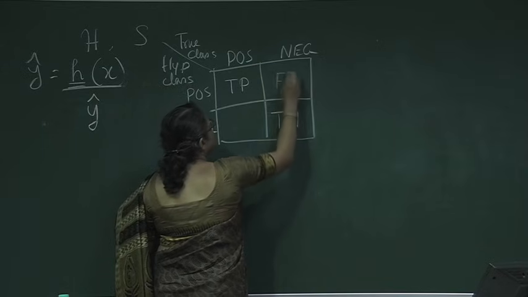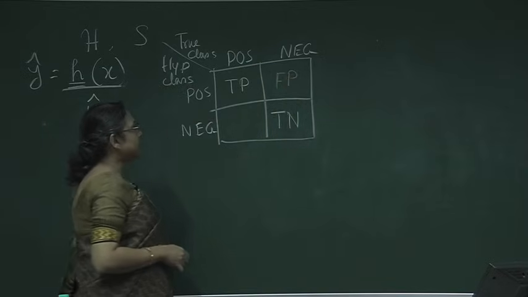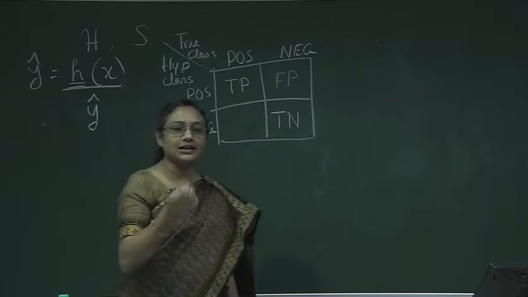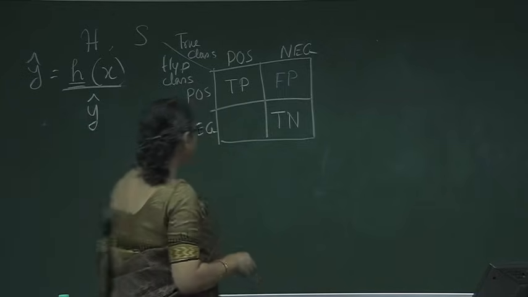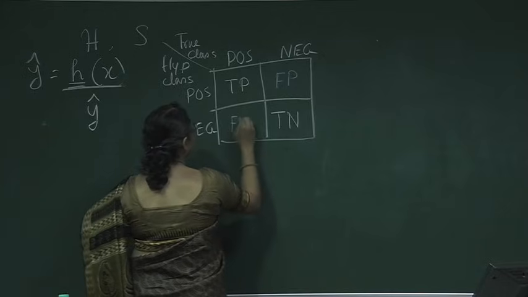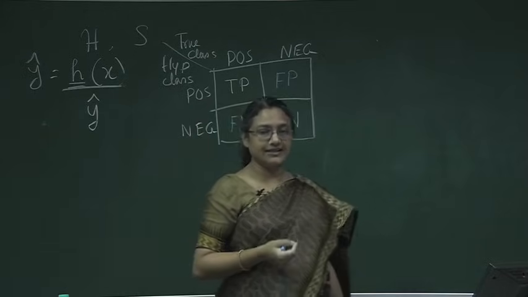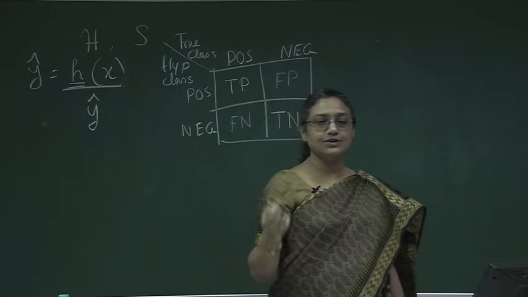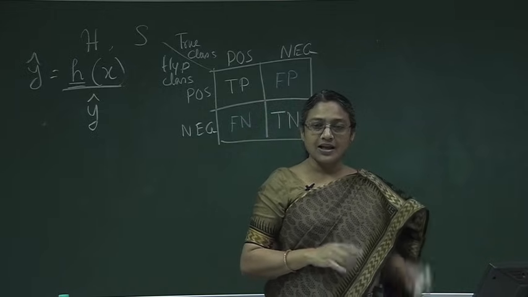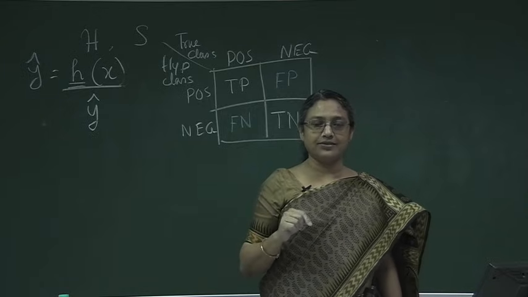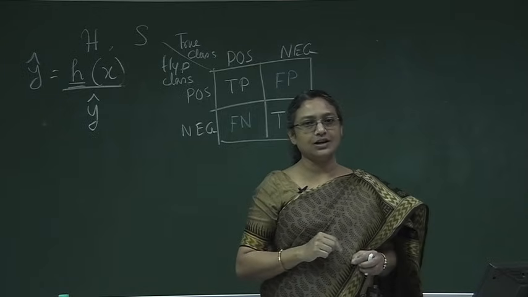False positive means the examples are actually negative, but your learning algorithm is wrongly classifying them as positive, and false negative means the learning algorithm erroneously marks as negative those examples which should have been positive. So, this is a confusion matrix, and you can have a confusion matrix if you have more than 2 classes also.